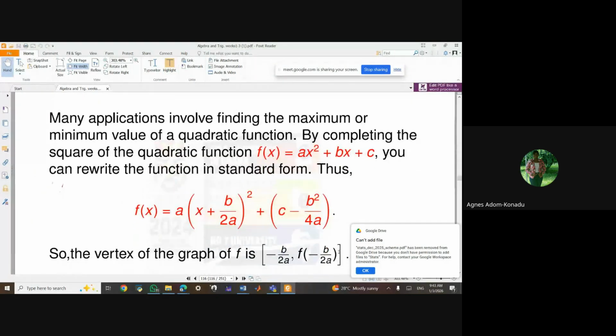You see, many applications involve finding the maximum or minimum values of a quadratic function. By completing the square of the quadratic function, you will get something like a(x plus b over 2a) squared plus c minus b squared over 4a.